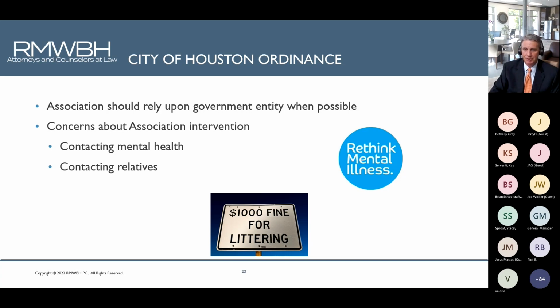But I am going to warn everyone on this call, if it gets into a situation where there may be some issues related to disabilities and that sort of thing, I cannot emphasize enough that the management company, the association through its board, reach out to counsel that can give some advice to make sure that everyone is following all federal and state guidelines regarding reasonable accommodations and that sort of thing.